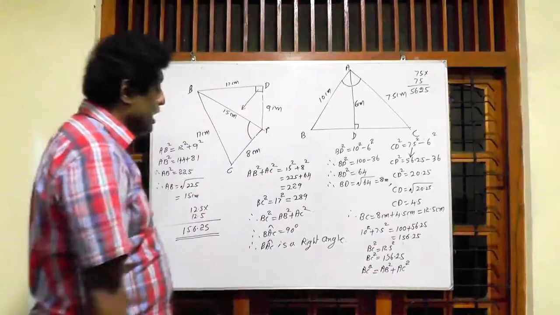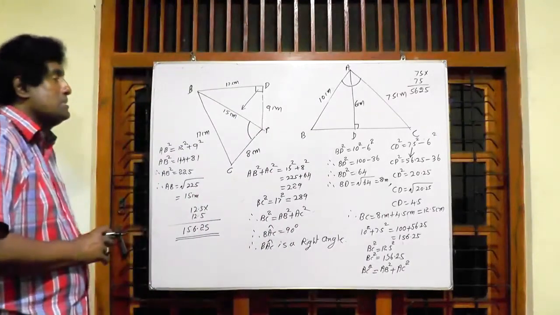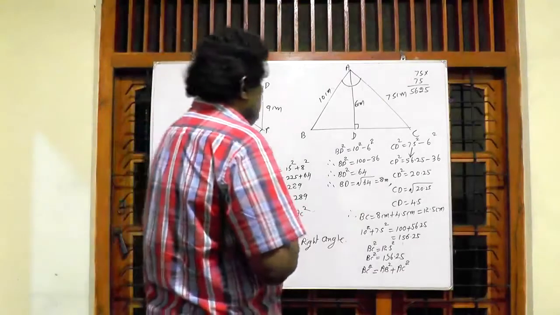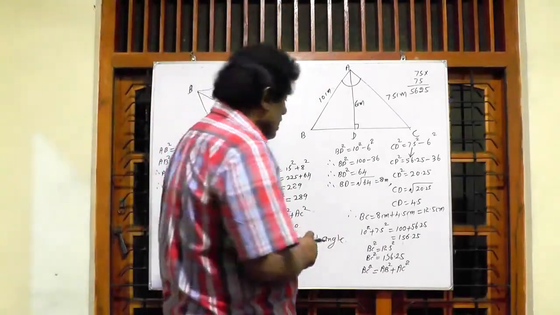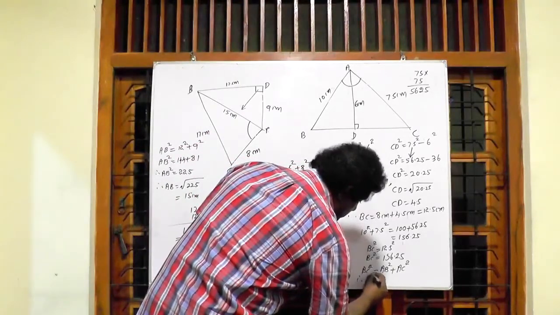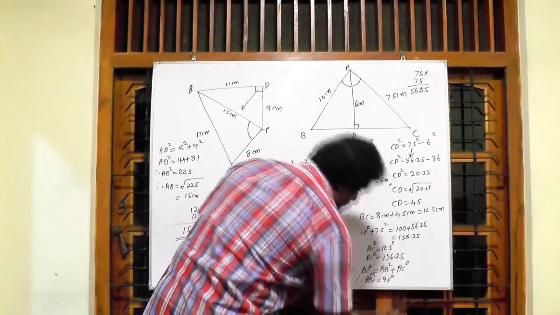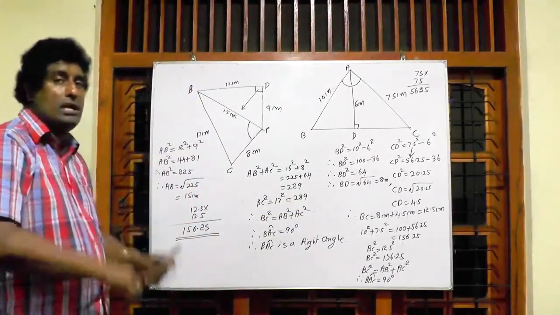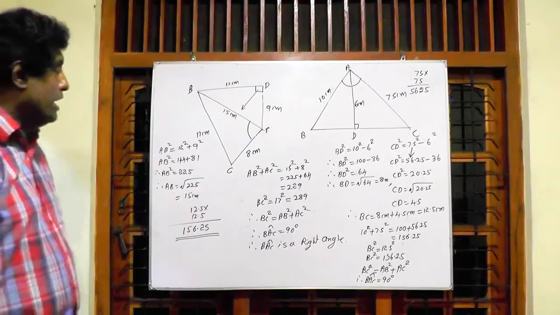If BC squared equals AB squared plus AC squared, what about the value of angle BAC? That should be equal to 90 degrees. Therefore, angle BAC equals 90 degrees. Then finally you can write here, therefore BAC is a right angle.